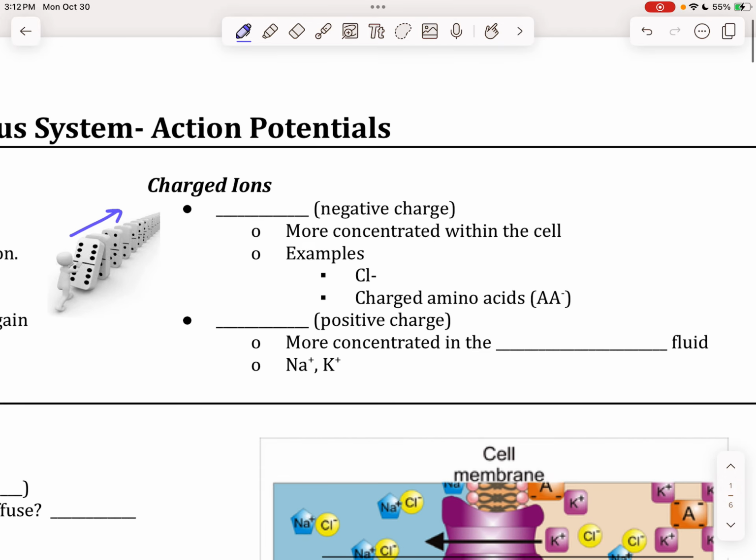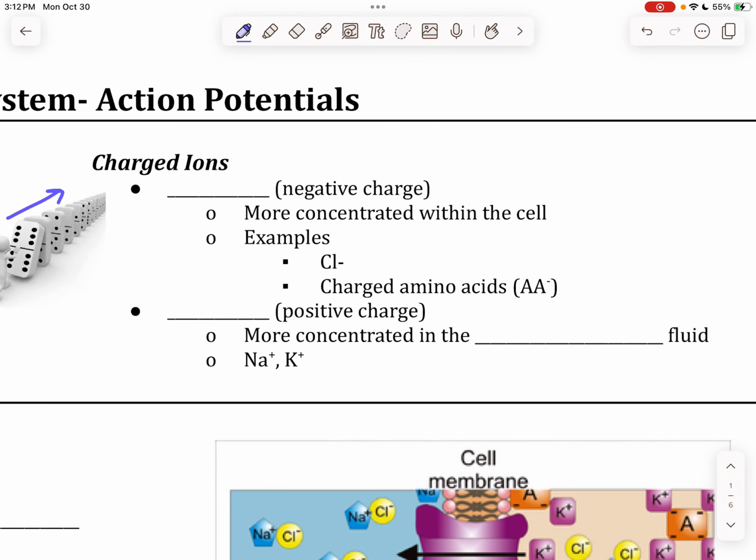Over here, this part of our notes is talking about the types of ions we have when we're talking about action potentials. The first kind is the anions, and anions are our negatively charged ions. They are concentrated more within the cell, so think "in."